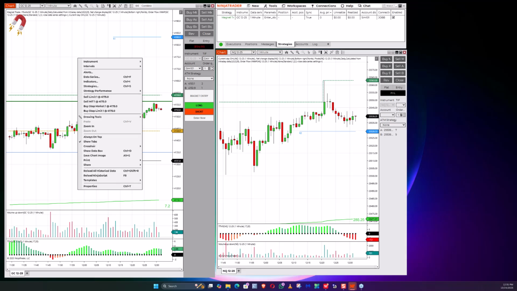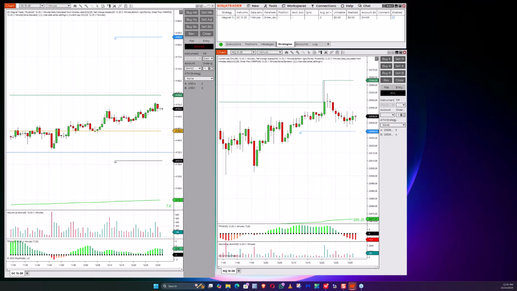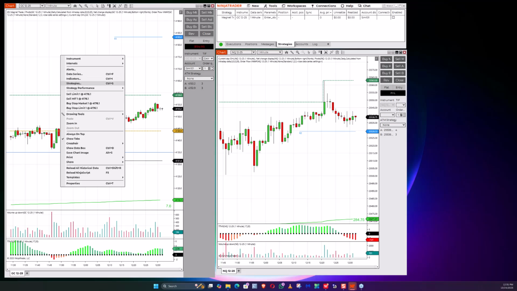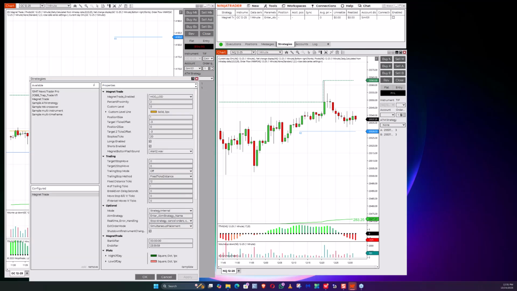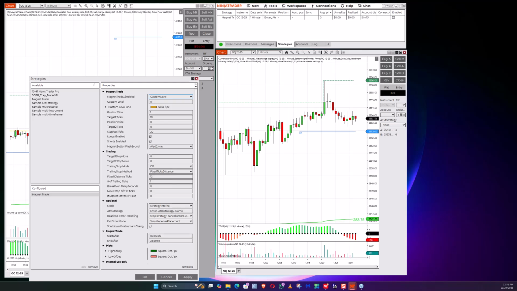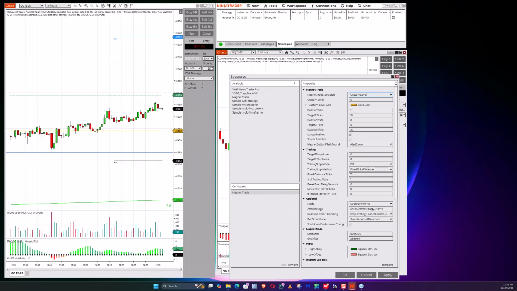Instead of using the high of day, low of day system, I use what I call the custom level system. Turn on the strategy, change HOD high of day to custom level. And all you have to do is type in the custom level. That's your exit. 41.35 is my exit, right?